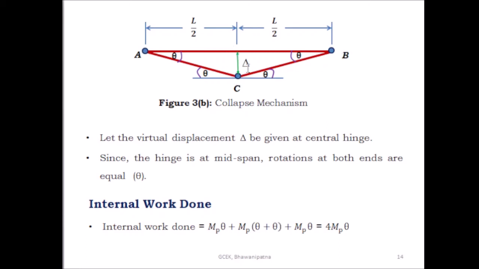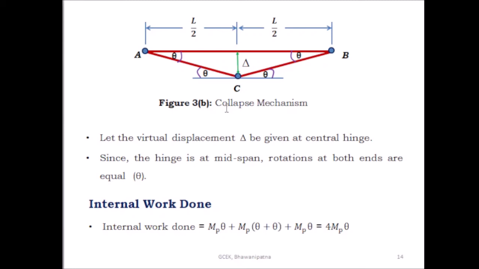Since the hinge is at the mid span, the rotations at both ends are equal. If this is theta, then this is also theta. So at the central hinge, the total rotation is 2 theta.